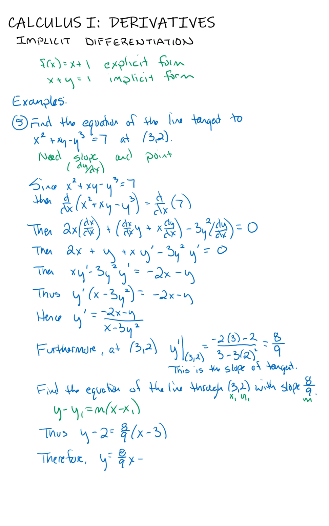You should end up with, oh, reduce the fraction as well. We get minus 2/3. And there we go. That's the equation of our tangent line.